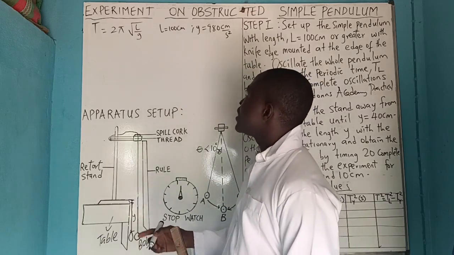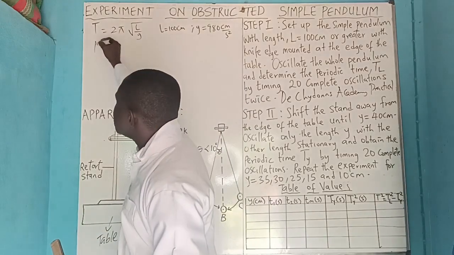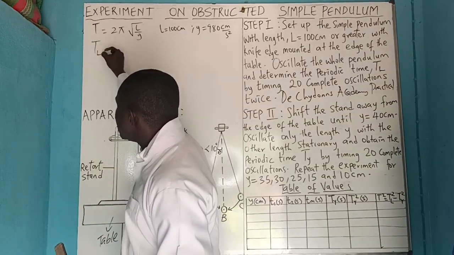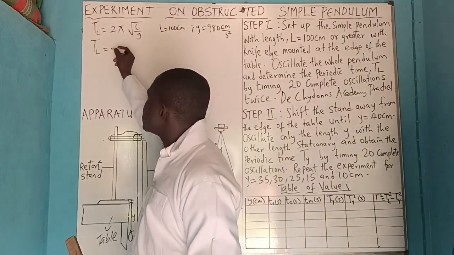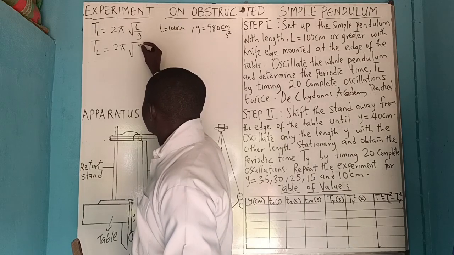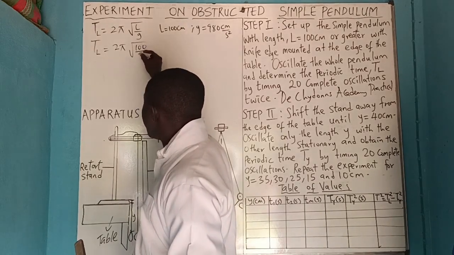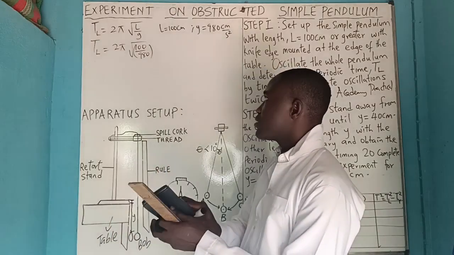Yes. And so I will put it here, and I will be having T, that T for length. Period for this length is equal to 2 pi root what? 100 over 980. Okay?